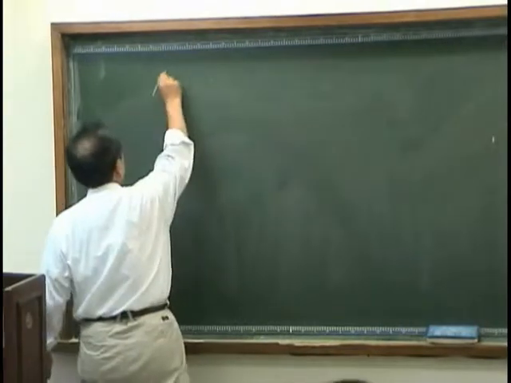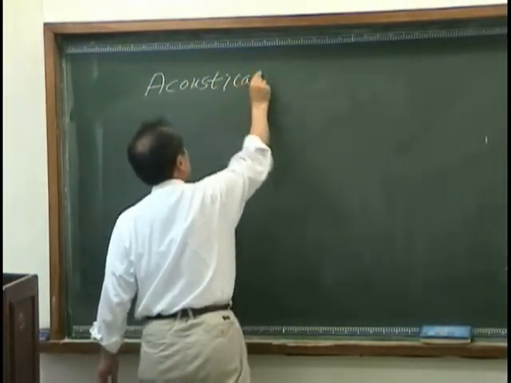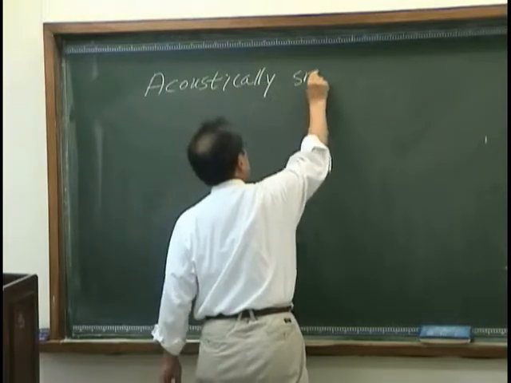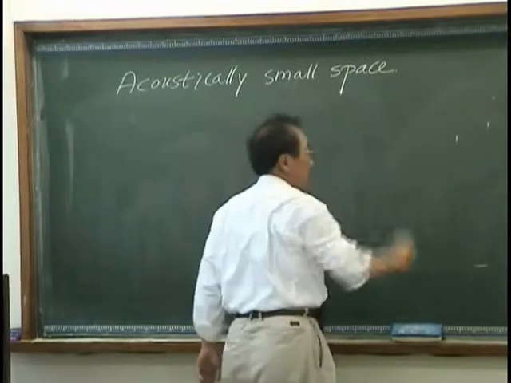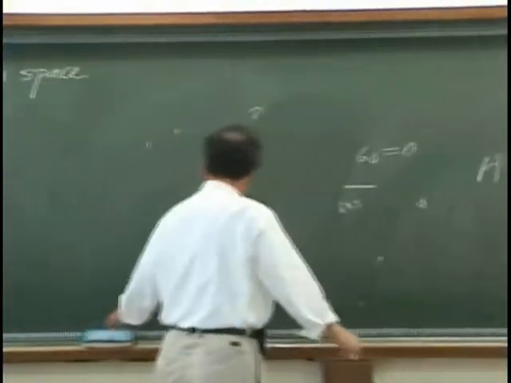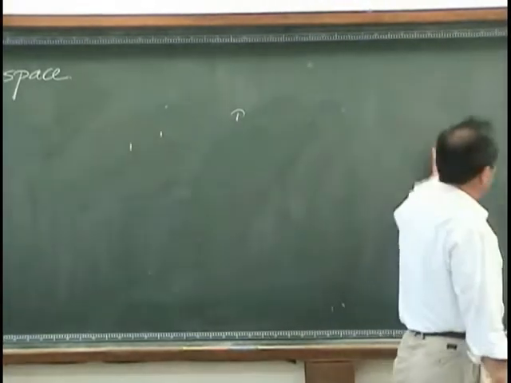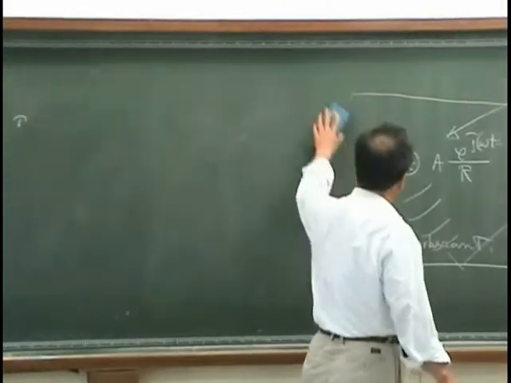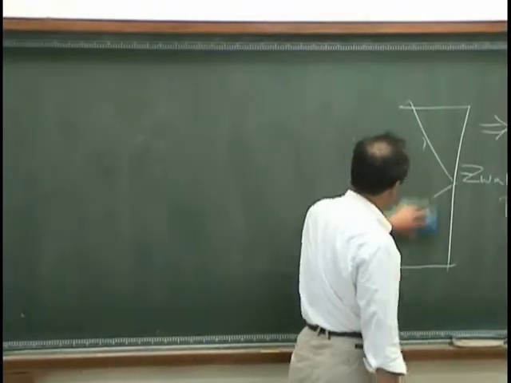That I call acoustically small space. What does it mean? Mathematically, it means that the size of a space is small compared with the wavelengths.